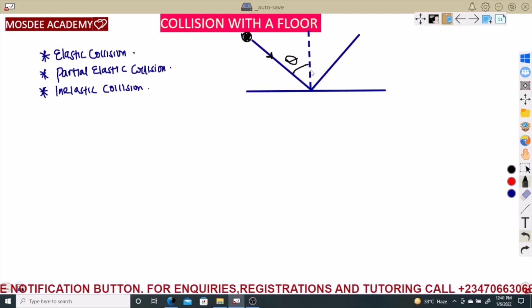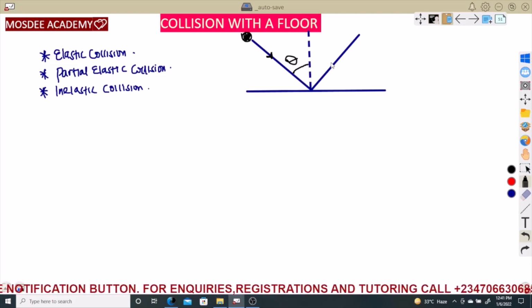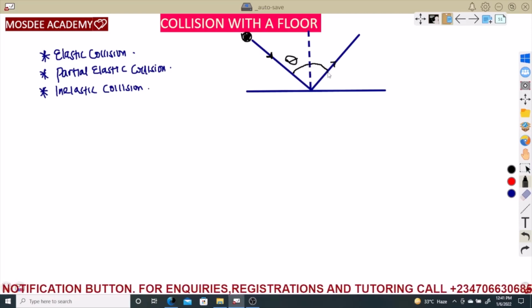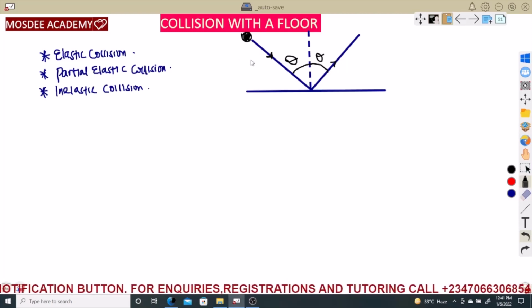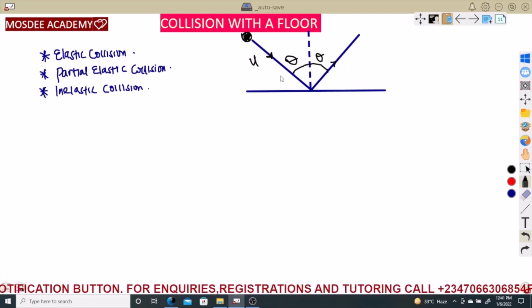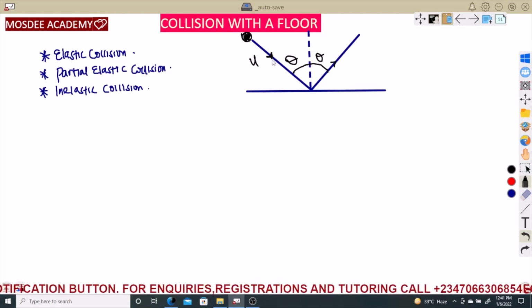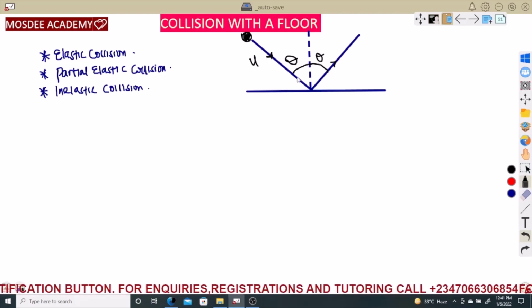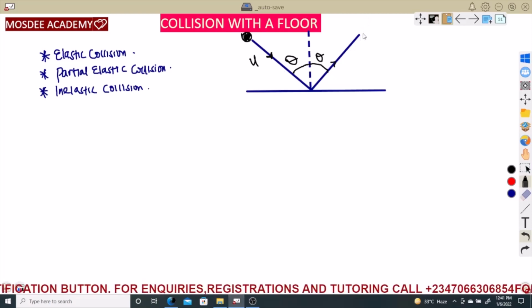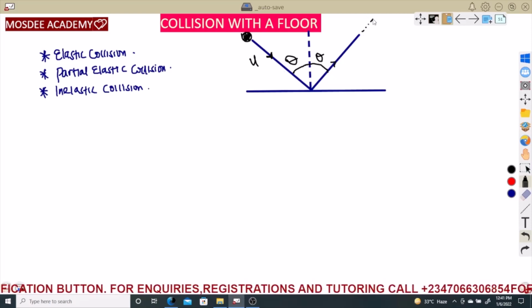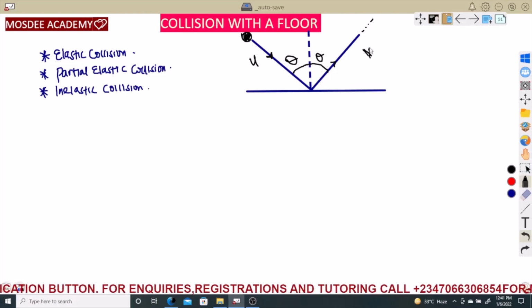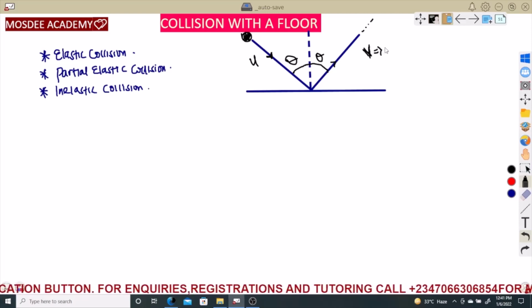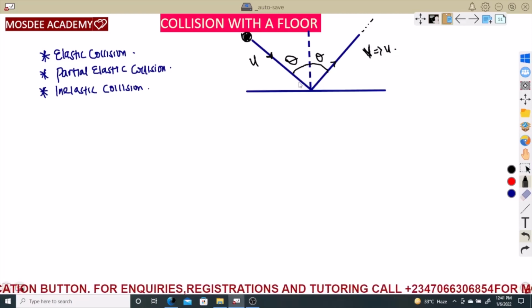From light, which we are still going to talk about more later, the angle of incidence is always equal to the angle of reflection, so it reflects back with the same angle. So we can say oblique collision can also be set here. It was incident with initial speed U, and the body bounces back with a final speed V. In this case, we can say V is equal to U, from our knowledge of reflection, and the angle is also the same.